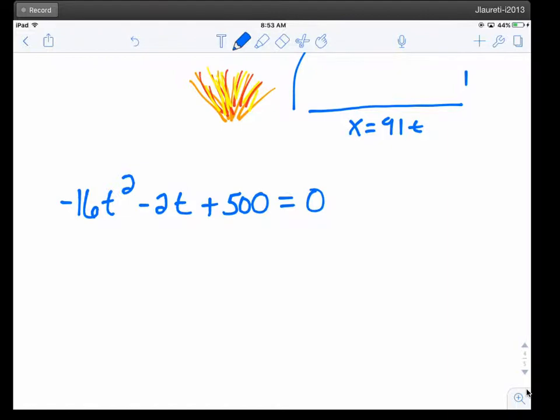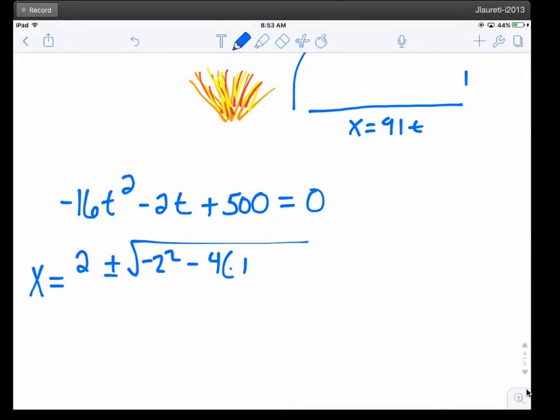All right, so let's use the quadratic formula. I got negative b, so that's going to give me positive 2, plus or minus the square root of b squared, so negative 2 squared, minus 4 times negative 16 times c.